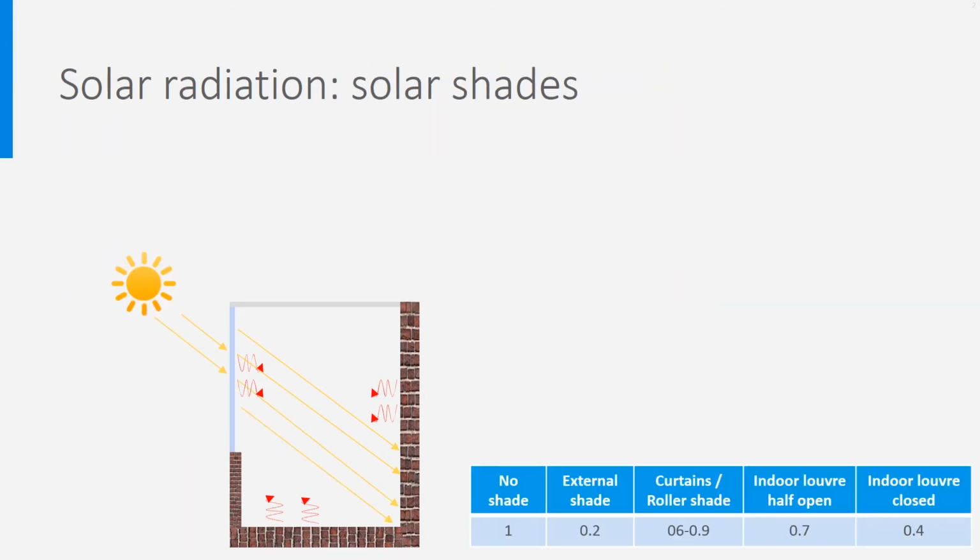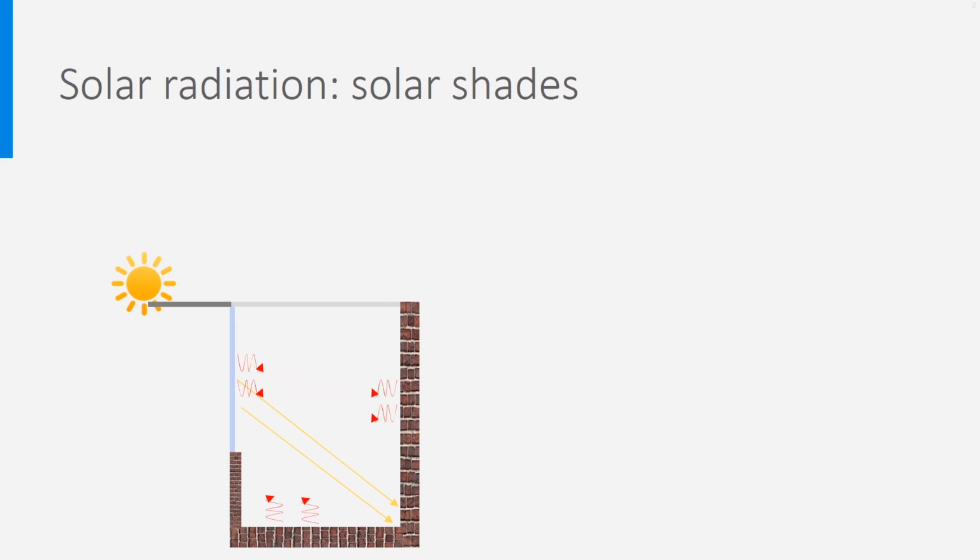When it is warm, it is important to protect the indoor from too much solar radiation in order to avoid too high temperatures or the use of too much cooling. There are many different types of solar shades and blinds. First, there are solar overhangs that block most direct radiation and only allow diffuse radiation to come into the building.